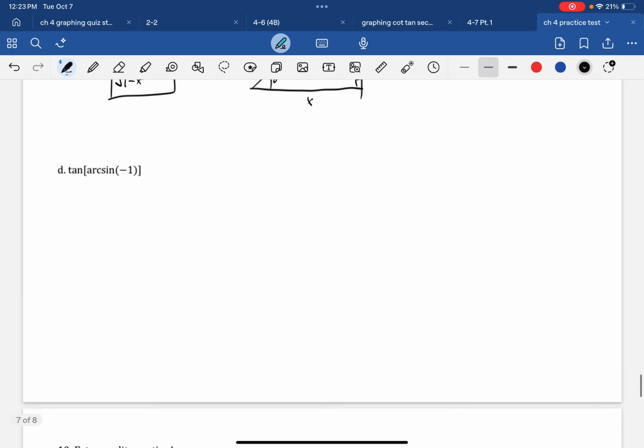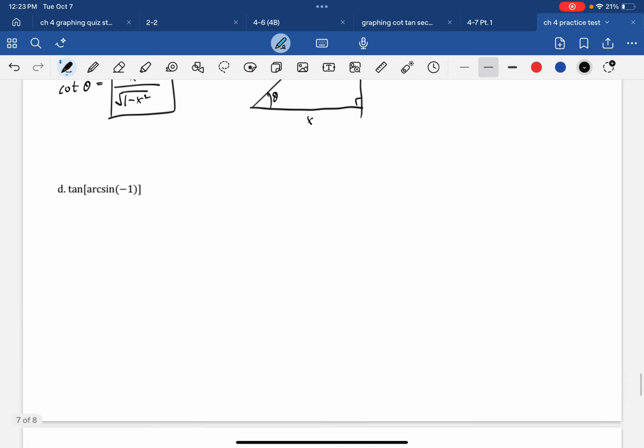Next, I have to evaluate tangent of arcsine of -1. So the arcsine of -1 is negative pi over 2. Unfortunately, here it's a little hard to actually construct the right triangle because it vanishes.